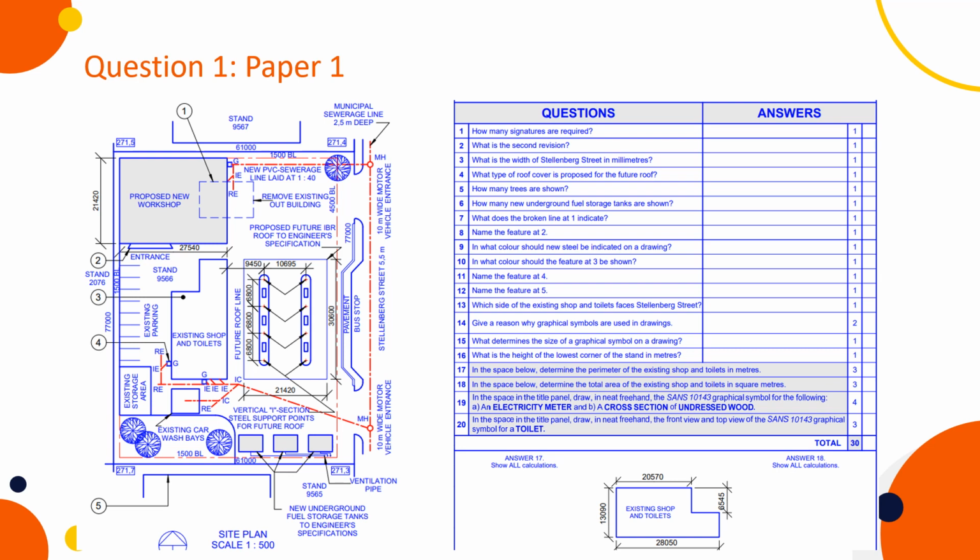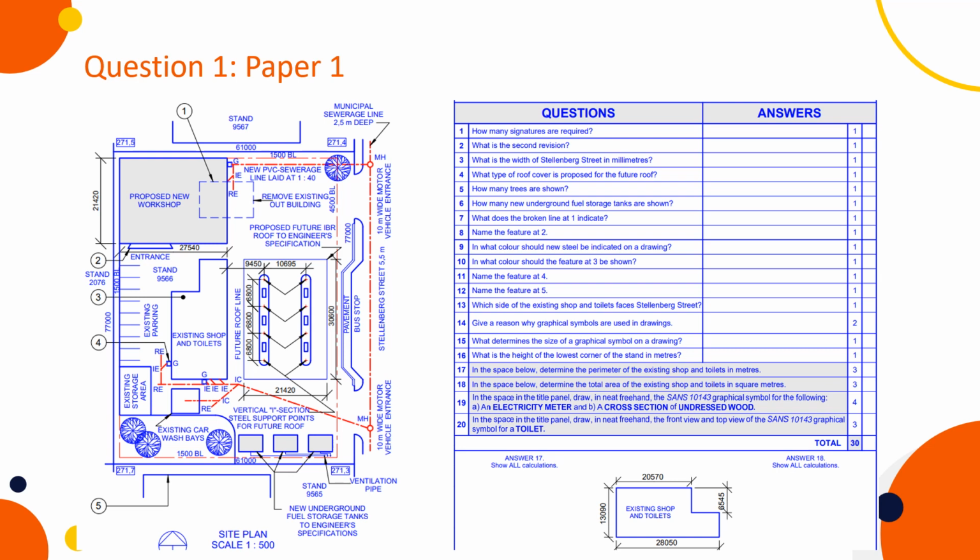Okay, and then there is some study work in the beginning of each topic in your workbook. There is a page with all the conventions and drawings for civil and mechanical. So be sure to study that, because then you can answer, for example, question number 8, where it says name the feature at number 2. Then you go look for number 2. Okay, then you can see it's an entrance there.